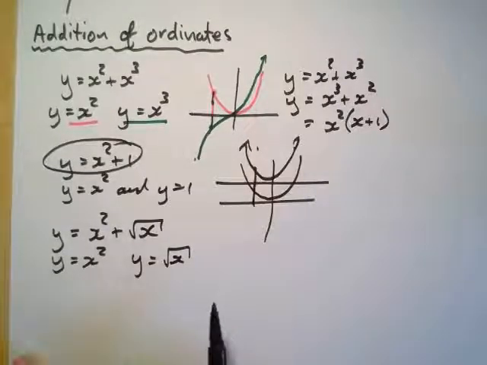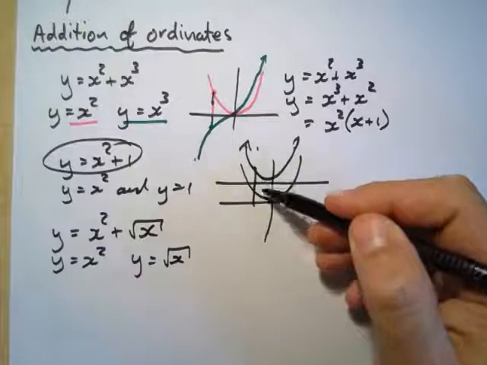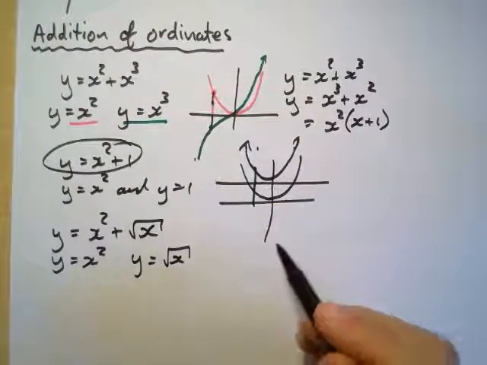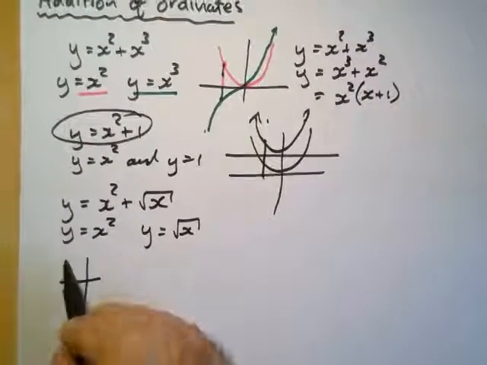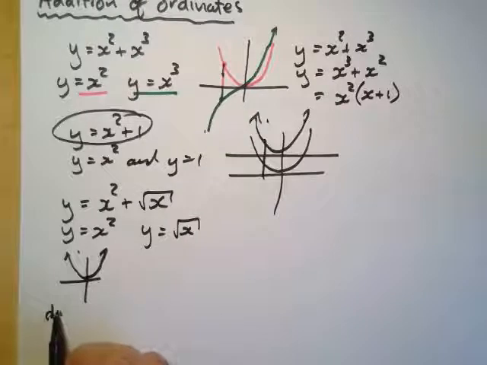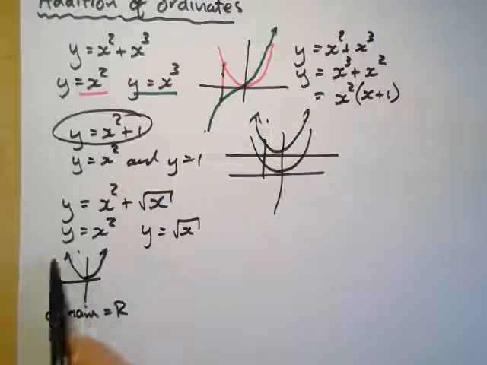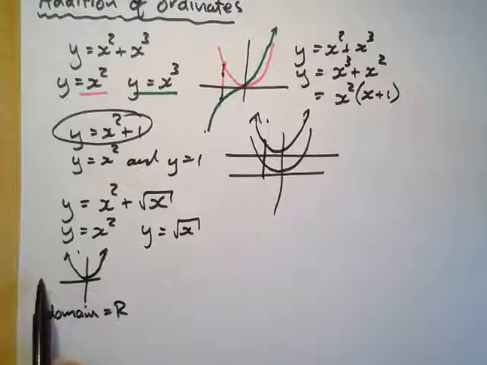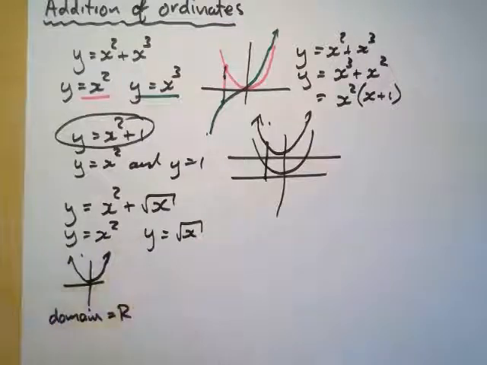What you need to understand is I can only add them if they exist at the same place. So if I look at the domain, remember we add up all the y values, which means the x values must exist there. If I look at y equals x squared, my graph looks like that, which means that the domain is equal to all real values. The domain is the x values, and I can find x values anywhere on the real line.